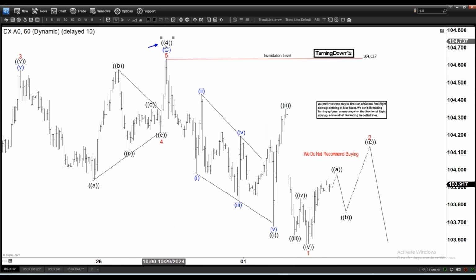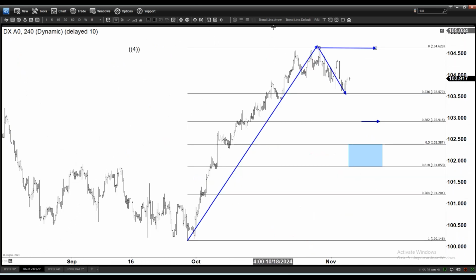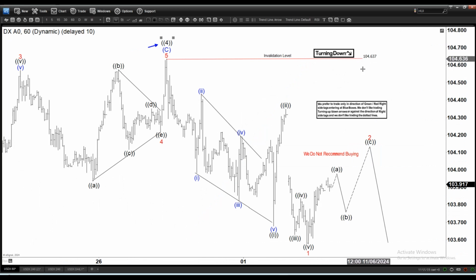Now if this is indeed wave 4, that's why I said just ignore wave 4, then eventually we're going to break below here. But let's set that aside for a moment. Even if this is actually bullish, it seems to me that the pullback so far is still too shallow, and therefore still needs further downside regardless, right? So whether this is bullish or bearish, the conclusion is most likely as long as we stay below 104.60, we could see further downside.